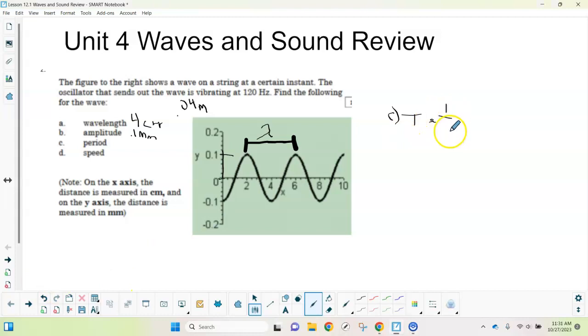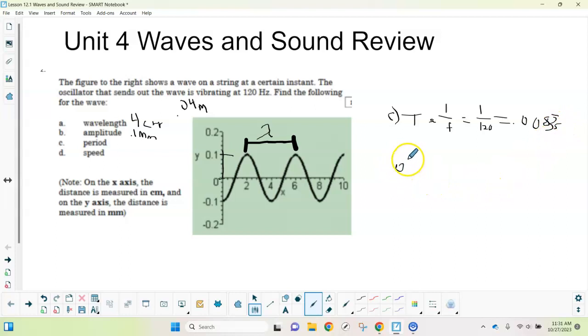That would be 1 divided by 120, and if you put that in your calculator, you get 0.00833, with the 3 repeating, which you don't have to worry about. That's how many seconds, so that's that part.